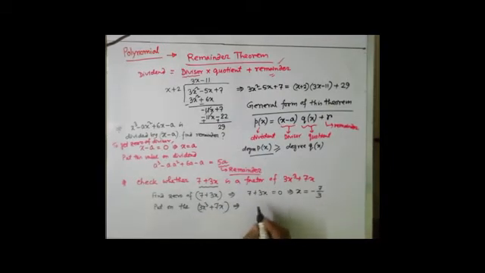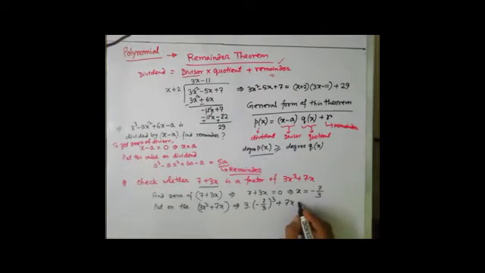If you put this x value over here, you get 3 into minus 7 by 3 whole cube plus 7x, and if you solve it, it will produce something like 49 into 7 by 9 minus 49 by 3, and obviously it is not equal to 0. If it is a factor, it will be equal to 0.